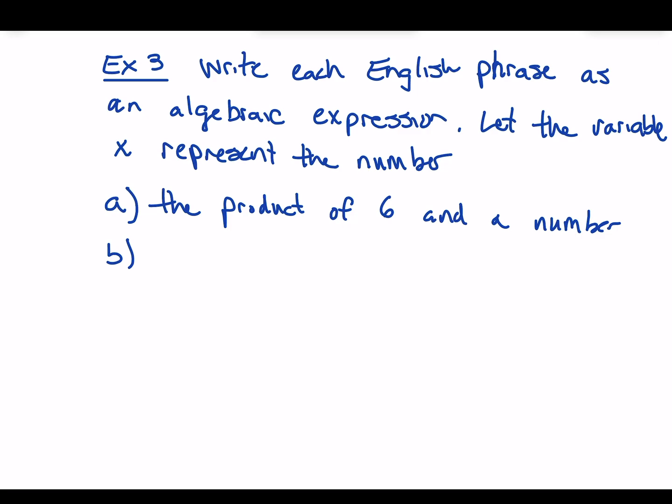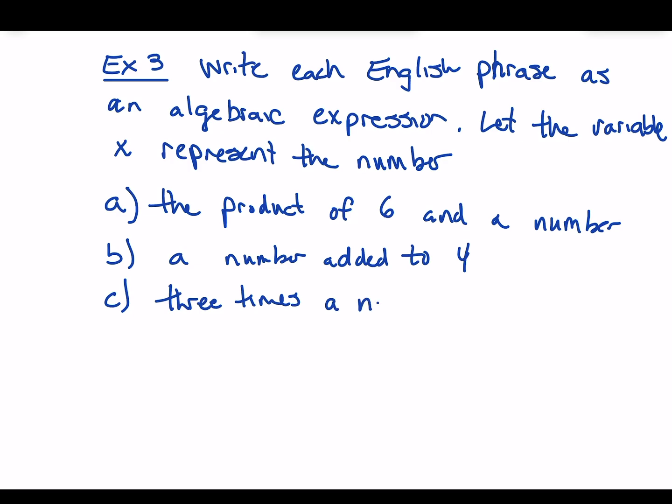Part B will be a number added to 4. Part C will be 3 times a number increased by 5.